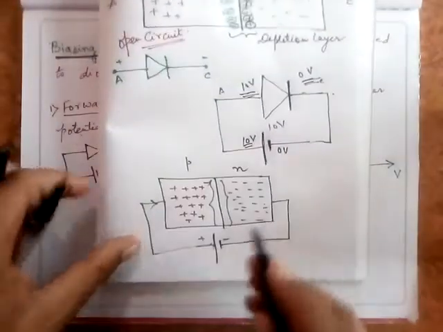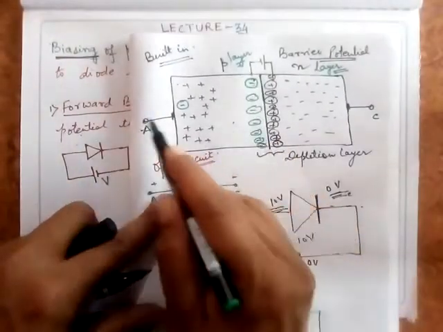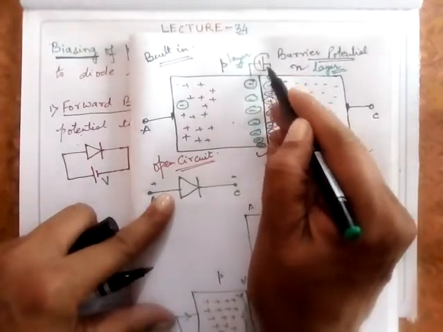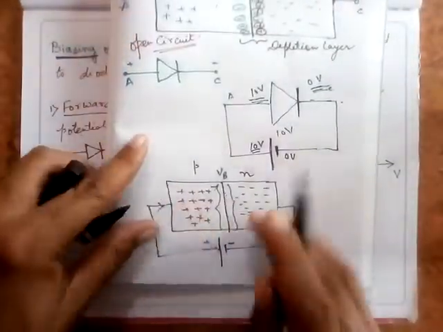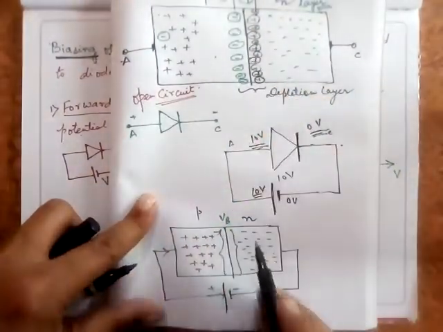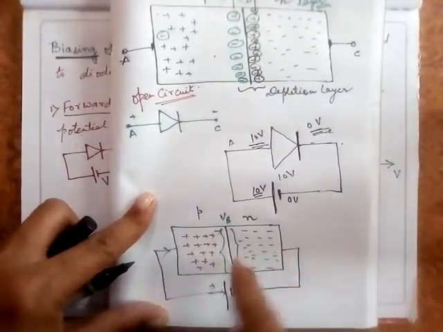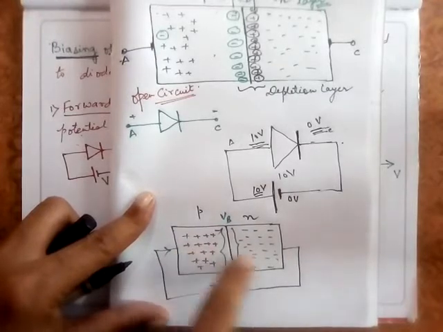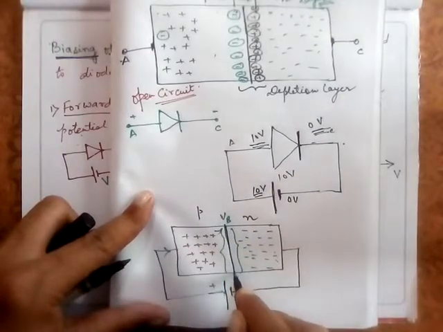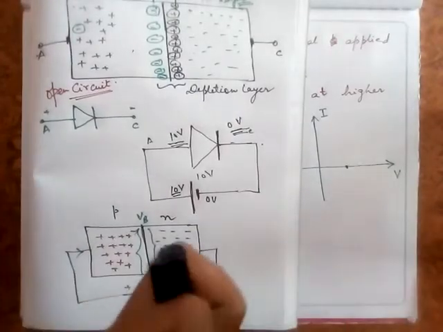Initially, the applied voltage has to overcome this barrier potential, means these immobile charges, either from this side or from this side, are acting as an obstacle, as a barrier for these charge carriers to cross this junction. So up to this point, suppose I say that this barrier potential is VB.